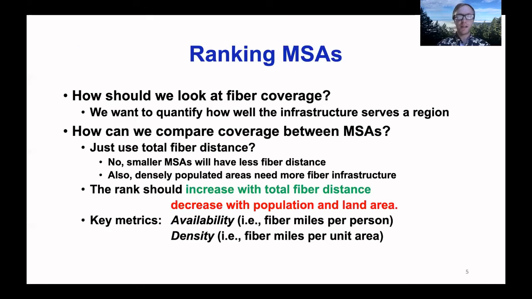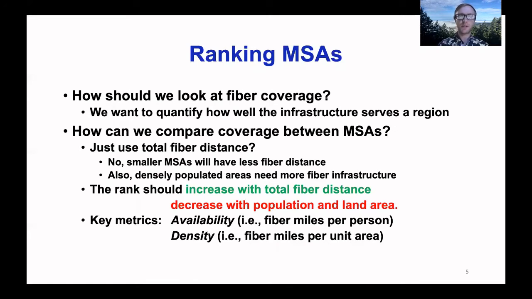So how do we compare deployments of fiber in different MSAs? What we wanted to do is come up with a ranking measure to stack these together. It's not sufficient to just look at the total number of fiber miles present in an MSA, because MSAs are also different sizes and they serve different kinds of populations.